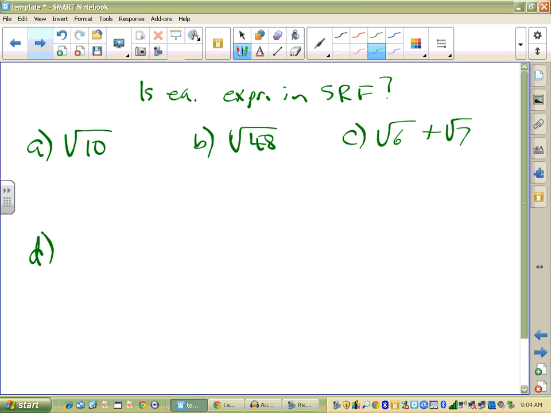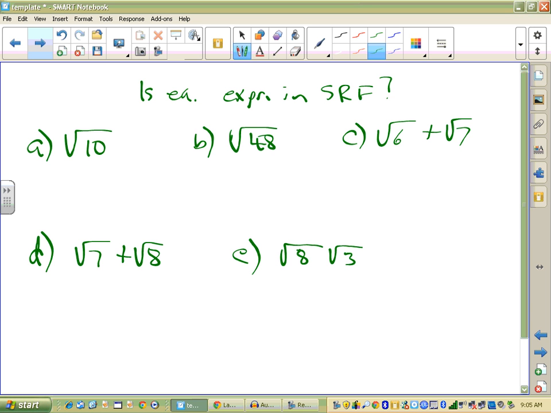We'll look at the square root of 7 plus the square root of 8. And we'll look at the square root of 8 times the square root of 3.